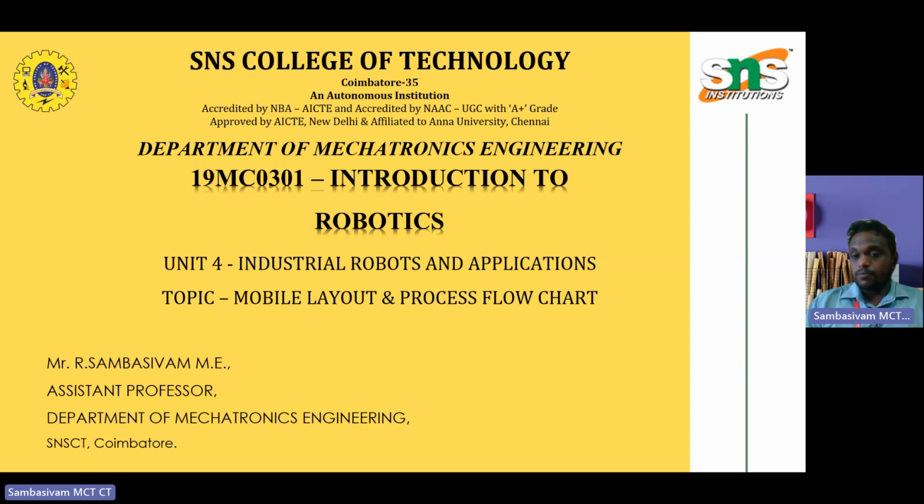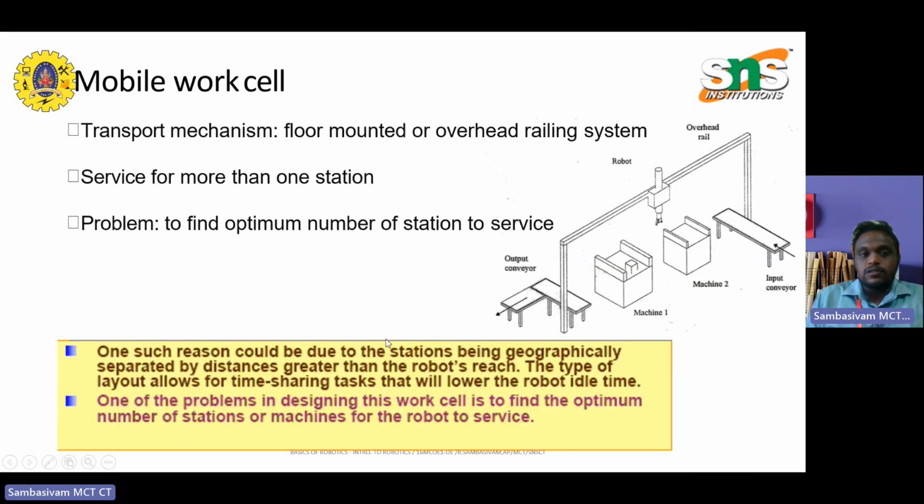How it differs is the important key factor. The transporting mechanism is a floor mounted or overhead rail system, as shown in the figure, where the rail guides the robot. The robot moves from one place to another, especially in machining cell centers, where service for more than one station is achieved by using the robot rail system.